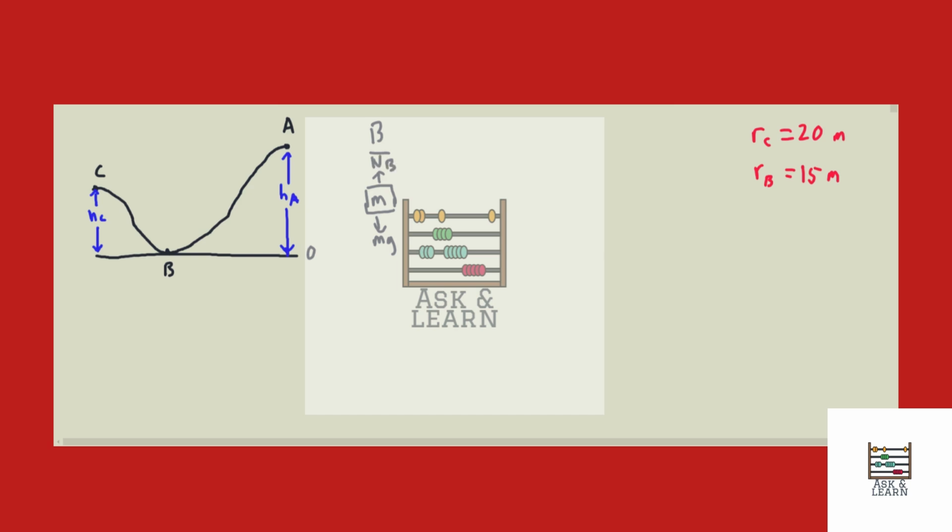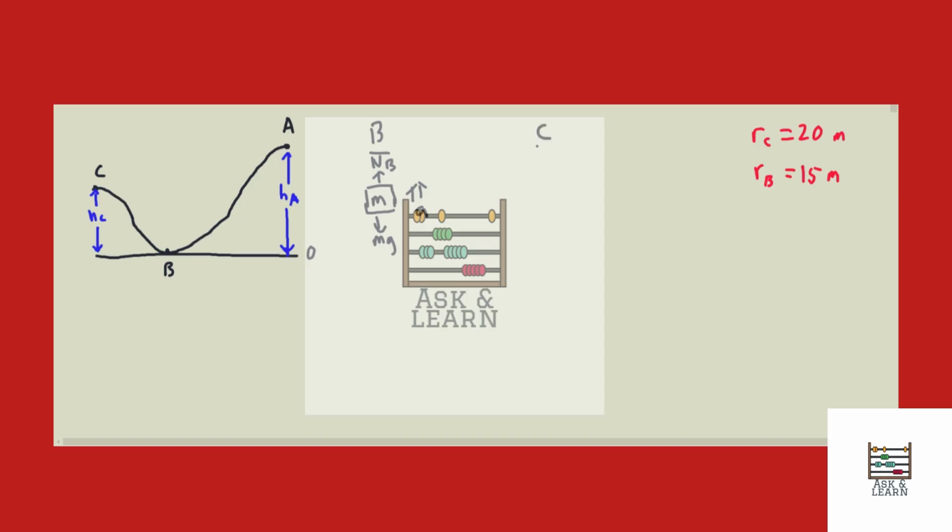All right, looking at point B, we'll have our rider of mass m, and we'll have a downward gravitational force, mg, and our upward normal force, N sub B. And at point B, our centripetal acceleration will be upwards towards the center of that circle.